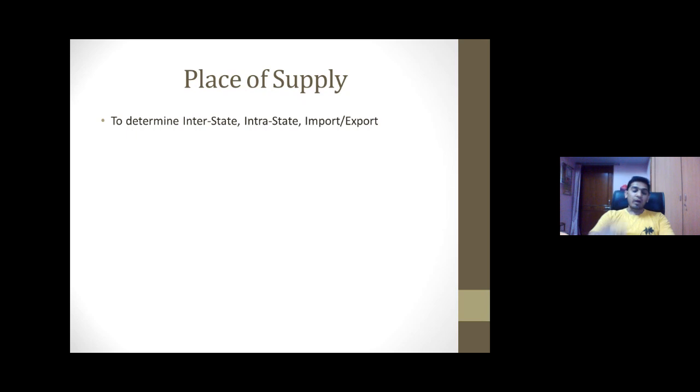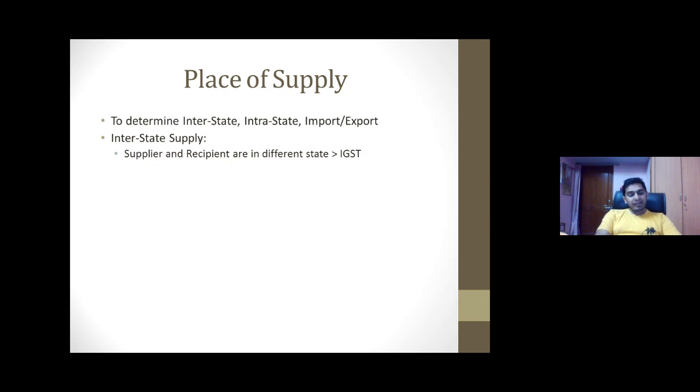As I told, place of supply is important to determine which supply is interstate, which supply is intrastate, or which supply is import or export. To determine that, the rules of place of supply are relevant. So what is interstate supply? Simple.